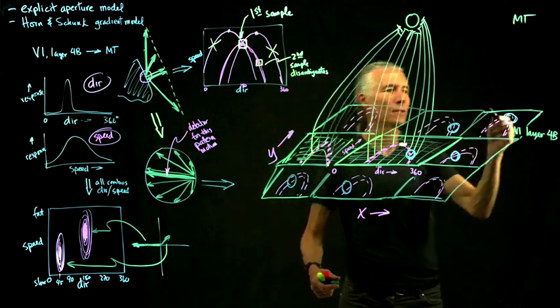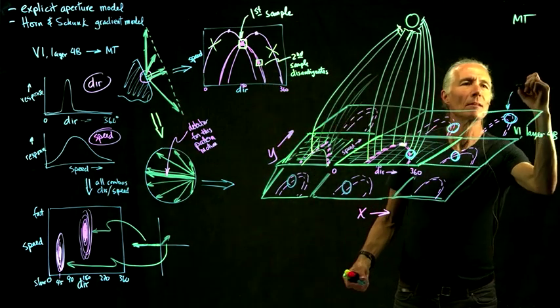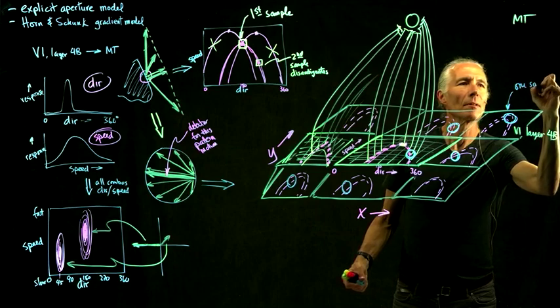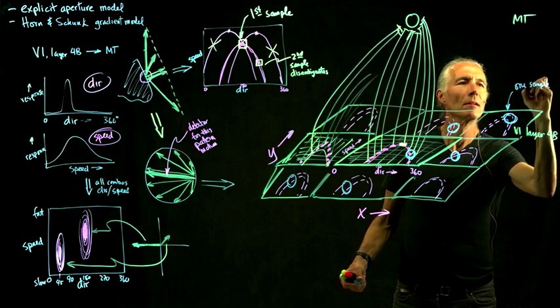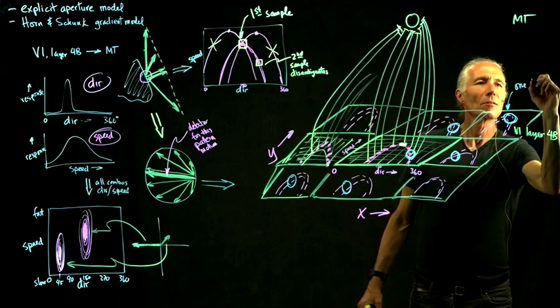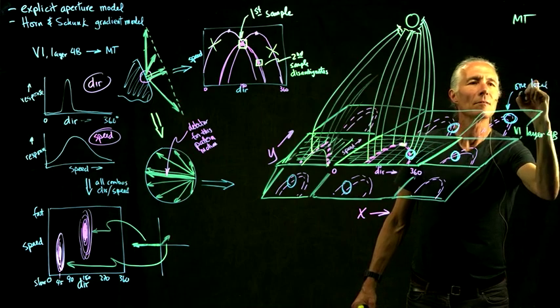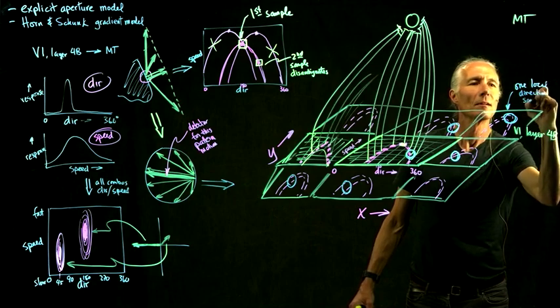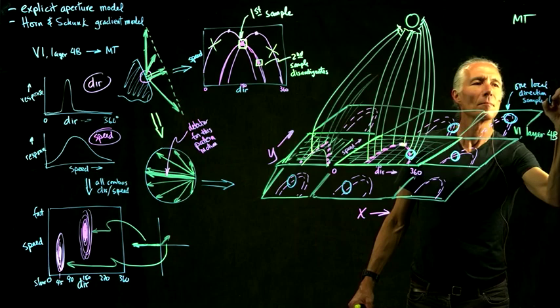So this is one local direction sample from one Reichardt detector.